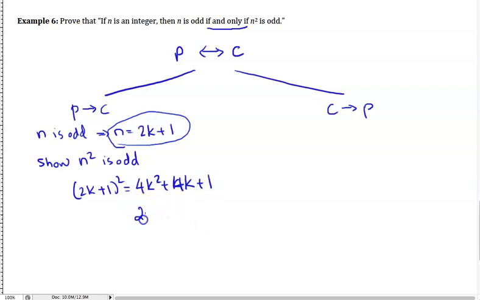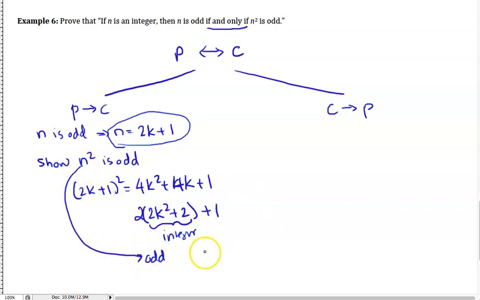And notice that I can factor out a 2. I think we've done this one, right? Yes. And I have 2 times some integer, which is an even number, plus 1 is going to give me an odd number. All right, so n squared is odd. Okay, so that proved that side of the equivalence. All right, now we have to go the other way.